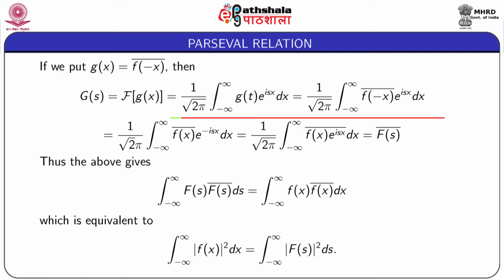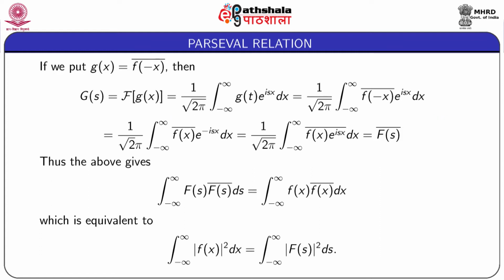integral minus infinity to plus infinity g(t) e to the power ist dt, and that is equal to 1 by root 2 pi integral minus infinity to plus infinity f bar of minus x into e to the power isx dx.